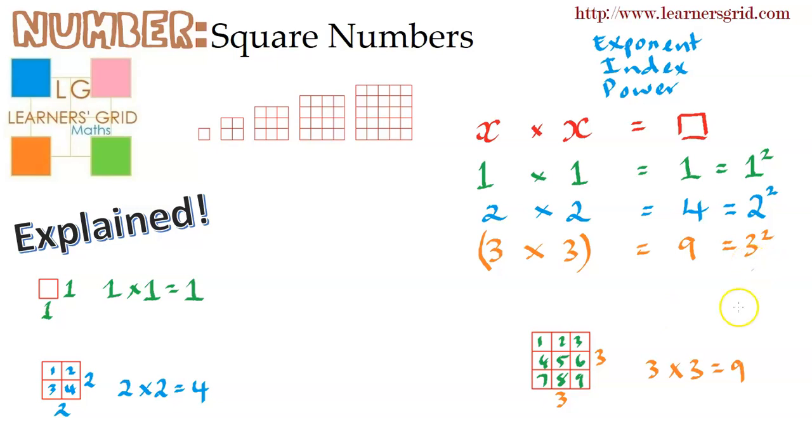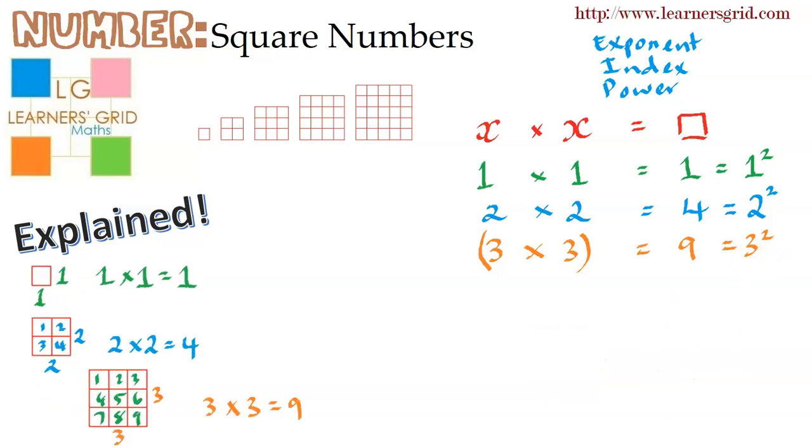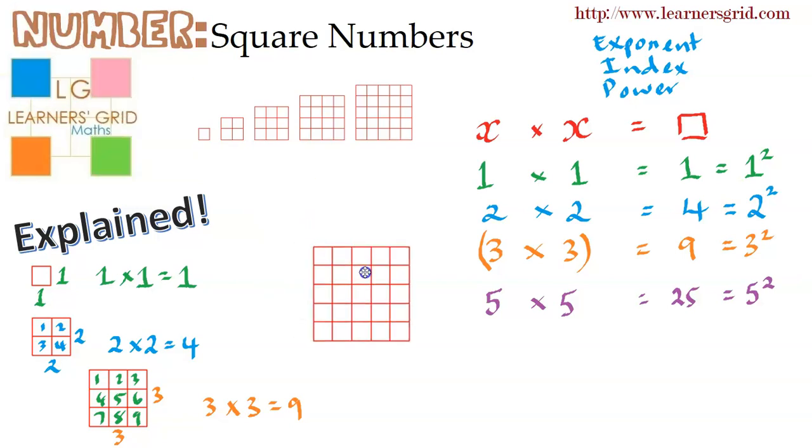Let's have a look at one more number. Okay, let's skip one just for interest's sake and go with 5 multiplied by 5. Well, that equals 25. And another way to express 5 times 5 is to say 5 squared. So how does that look as a diagram? Well, it looks like this.